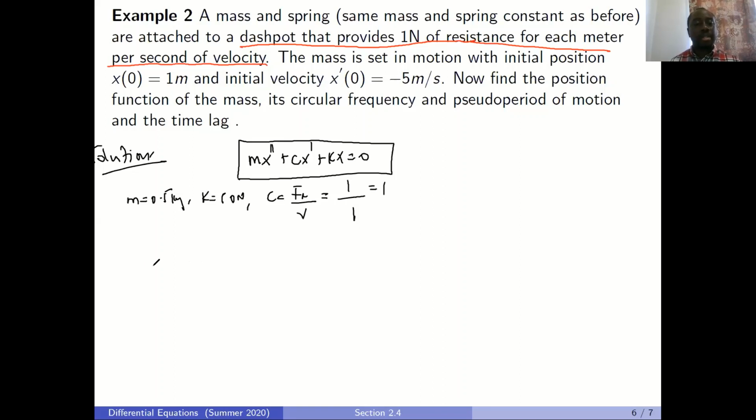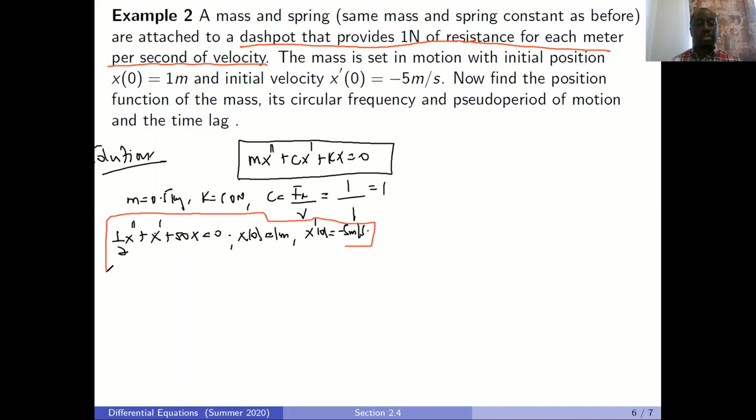My differential equation is 1 over 2 x'' plus x' plus 50x equals 0. We have the same initial conditions: the initial displacement is 1 meter, and the initial speed is -5 meters per second. That is our initial value problem.